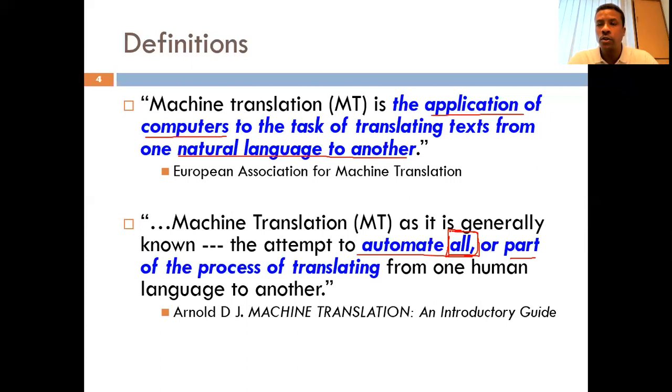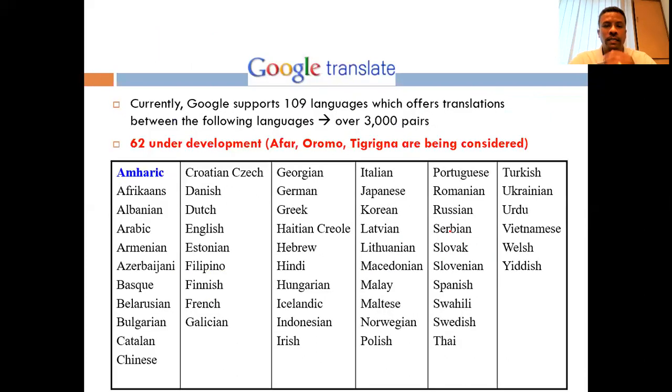Such kind of domains have a very few and finite number of vocabularies, which would be much easier to do a complete translation. But in a daily or conversational system, performing the whole translation using a computer might not have the best result. So that's why it also takes part of a translation as an option. But keep in mind these two definitions of what machine translation is.